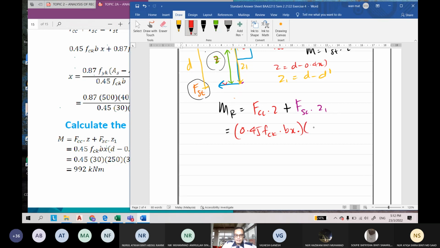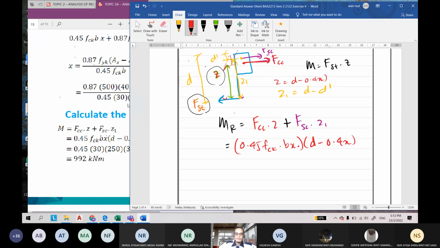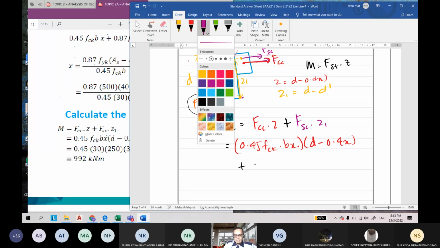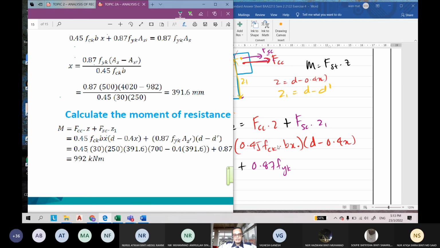So this is our Z, the green color. And then plus FSC, which is 0.87 fyk times As prime.